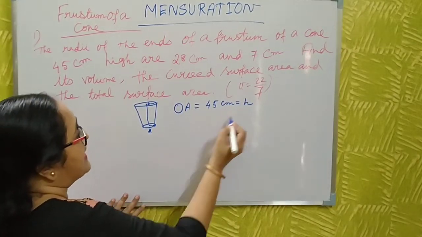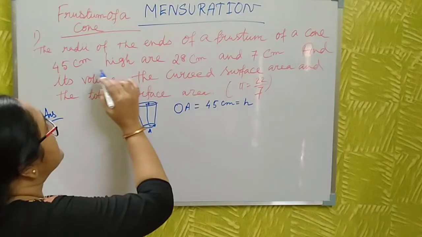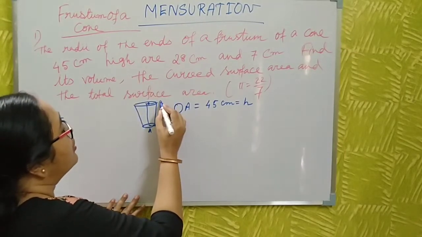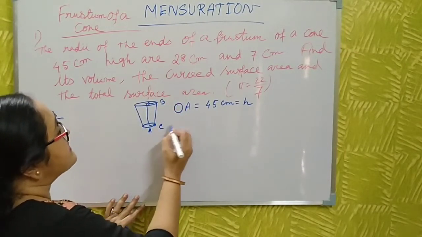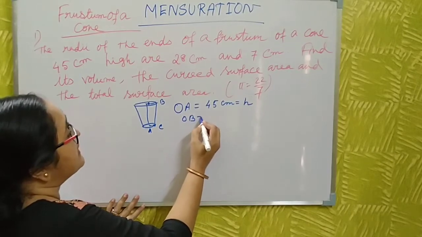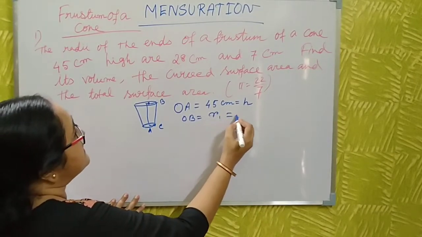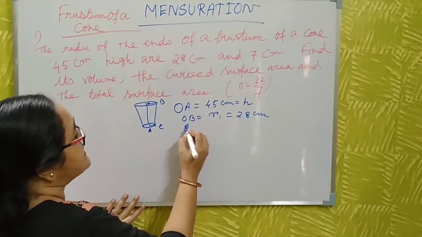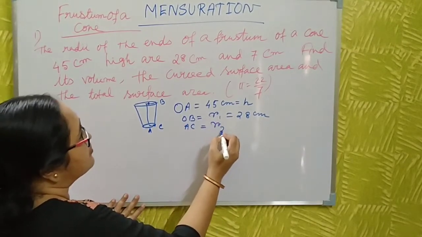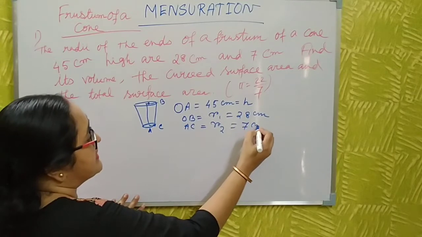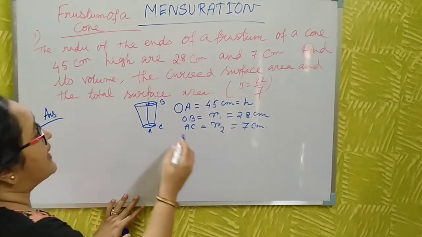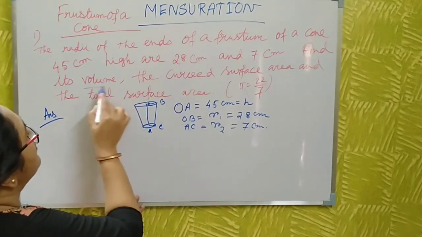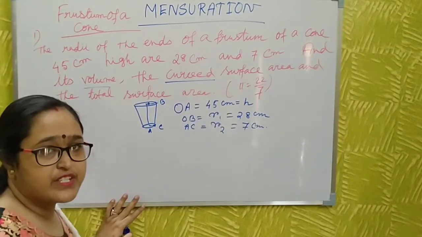This is the height and these are the radii. OB is R1, this is 28 centimeter, and AC is R2, this is 7 centimeter. You have to find the volume and the curved surface area.